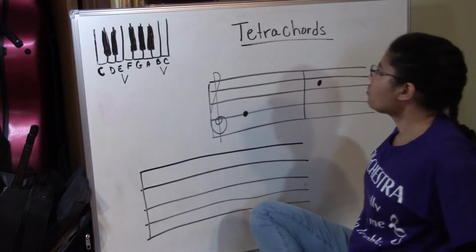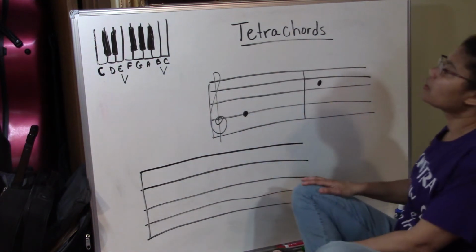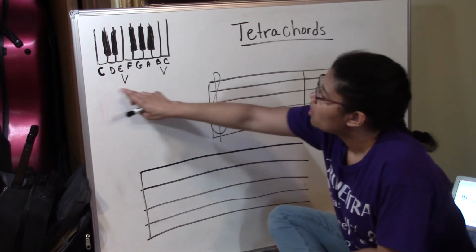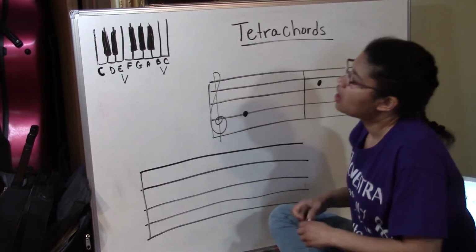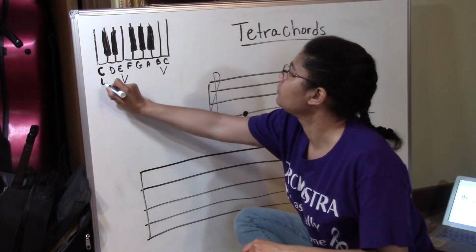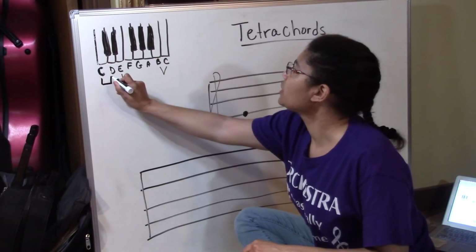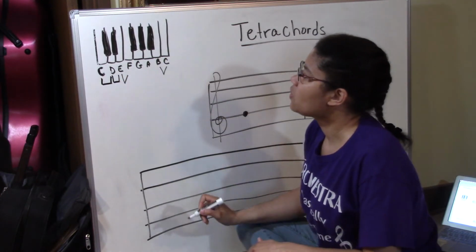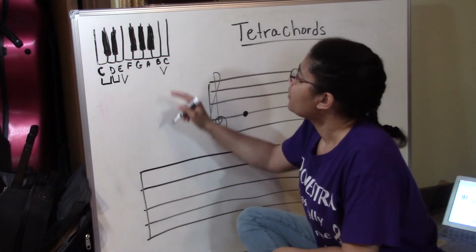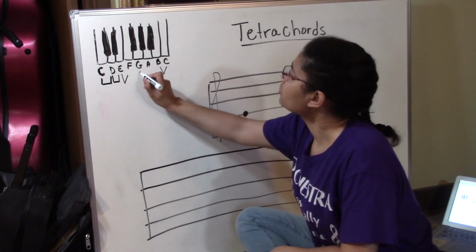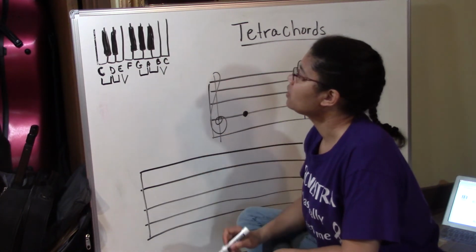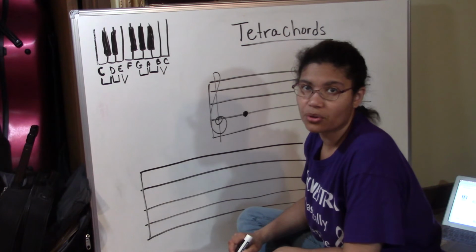Now, if I was to go over here and create a tetrachord that lines up with these letters, you're going to see that between C and D is a whole step, between D and E is another whole step, and then I have my half step. I can also repeat this pattern over here. G to A to B. Those are 2 separate tetrachords.